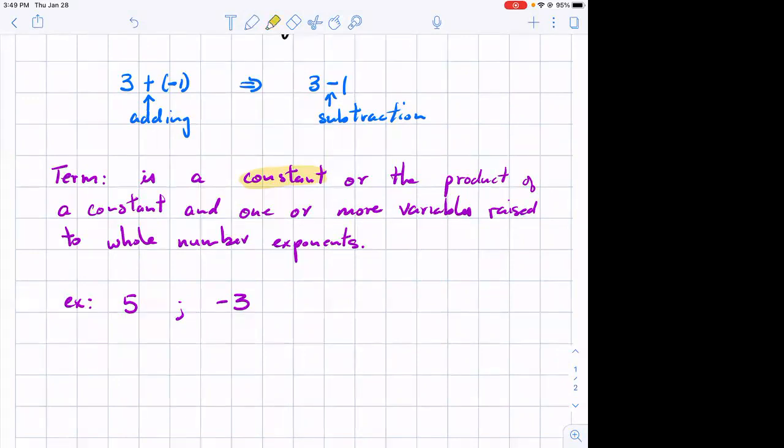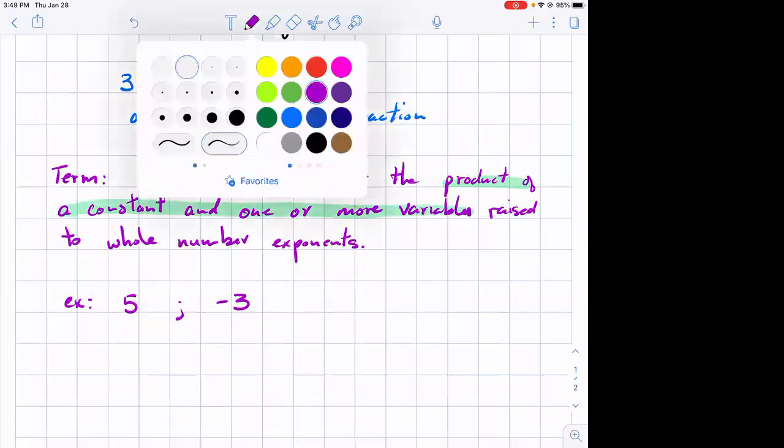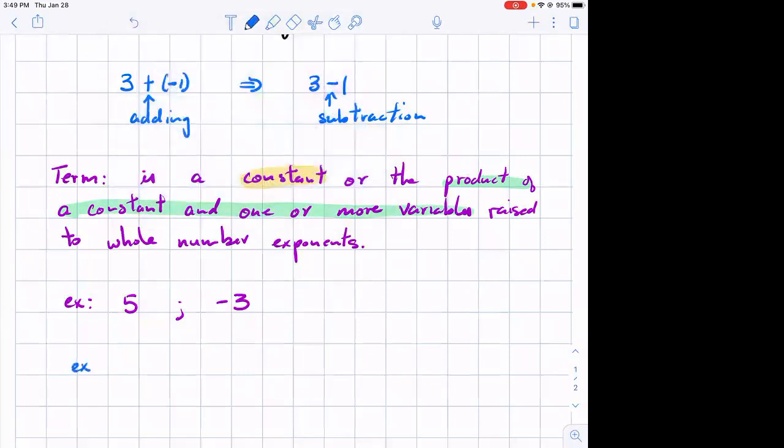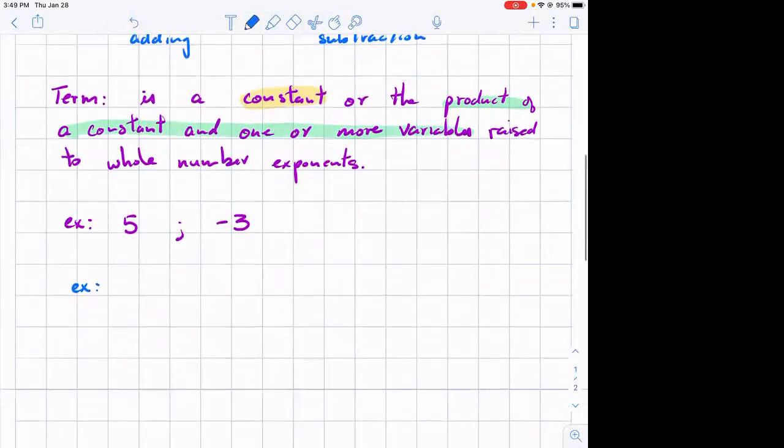Now, when we talk about the product of a constant and one or more variables, the product. So what we can think of this here as, example, we have a constant times a variable, because the times means product, right?